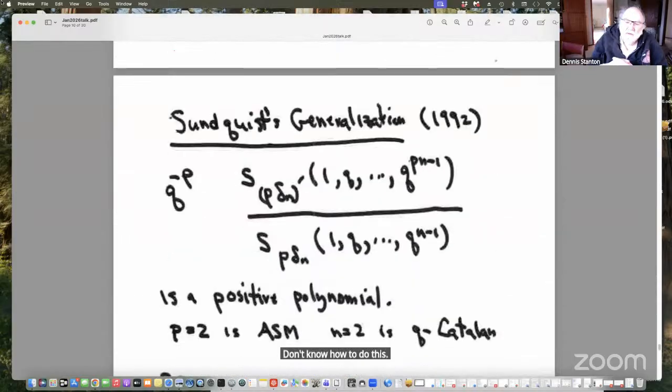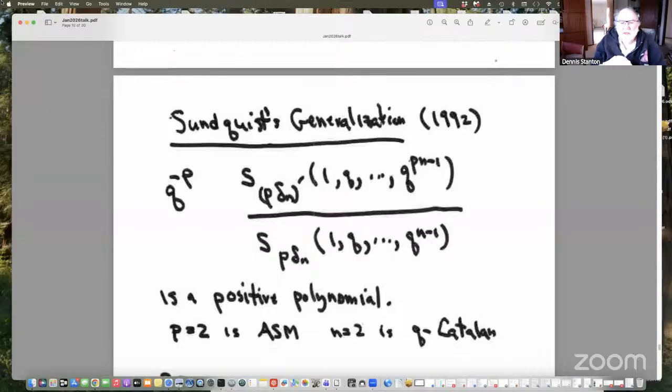Finally, here's a generalization of the ASM problem in terms of quotients of specialized Schur functions. You take a Schur function of a multiple of a staircase divided by another Schur function of a multiple of a staircase.